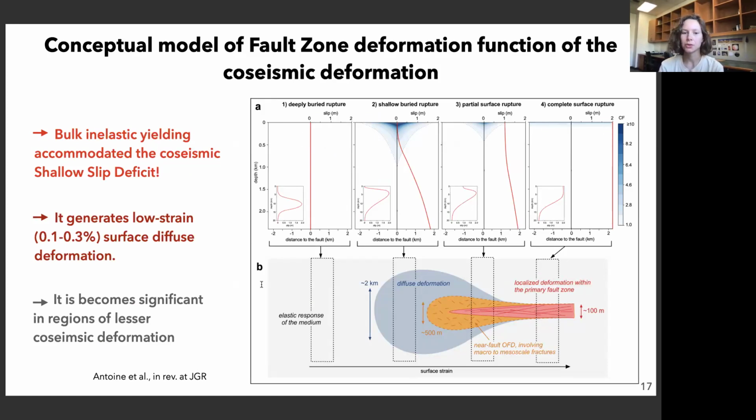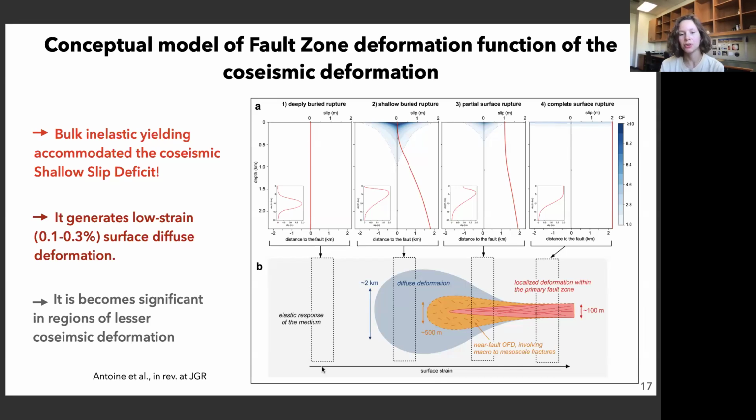And we have used that, along with the scaling laws we have derived for the localized, near-fold, off-fold deformation, to build a conceptual model of how the surface deformation should evolve along a fold zone, depending on the amount of surface strain.